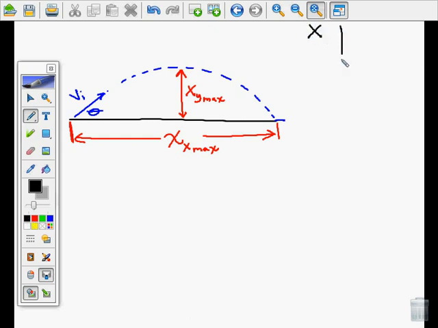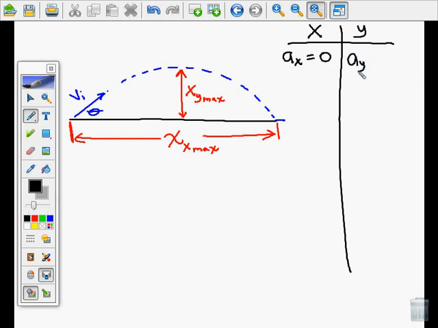With an XY chart. And just like before, the acceleration in the x direction is 0, and the acceleration in the y direction is negative 10 meters per second squared. Since we're doing the problem in all symbols, that would just be negative g.